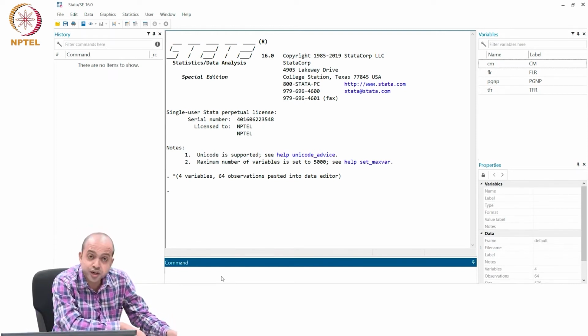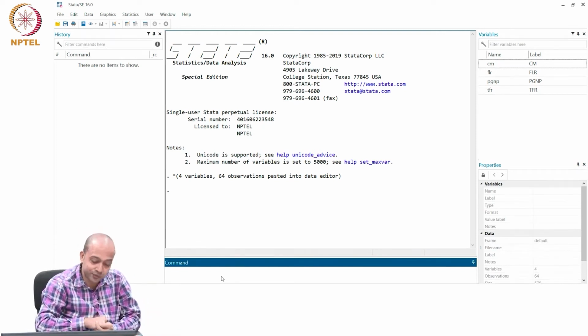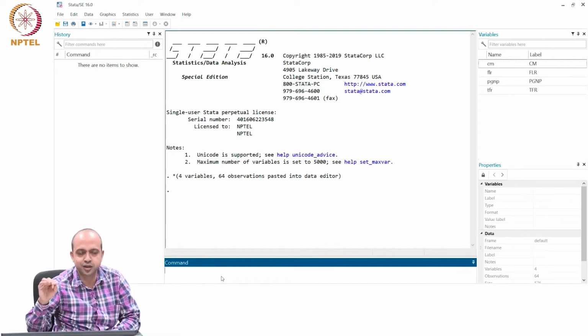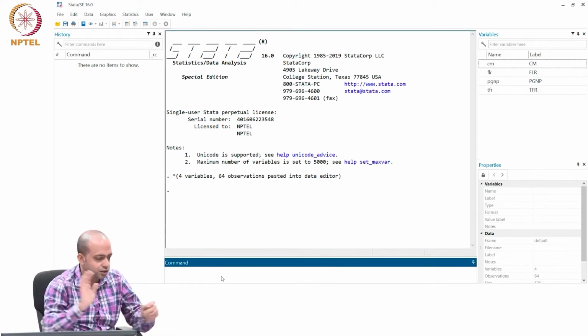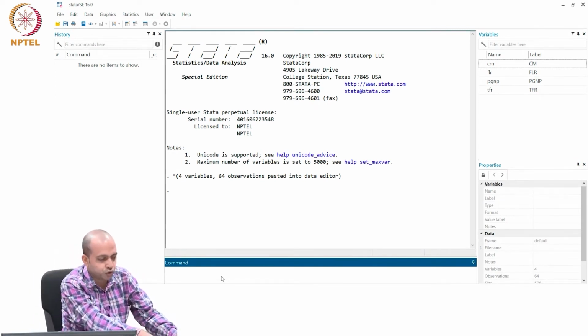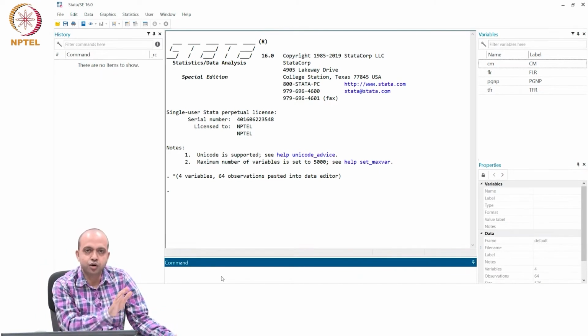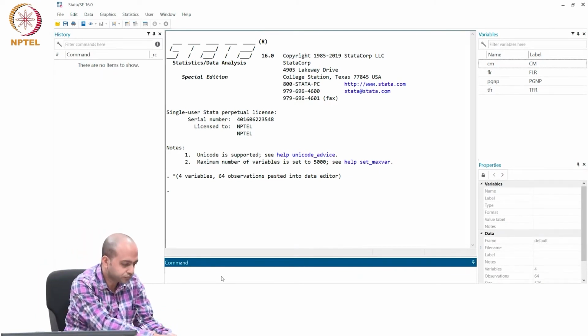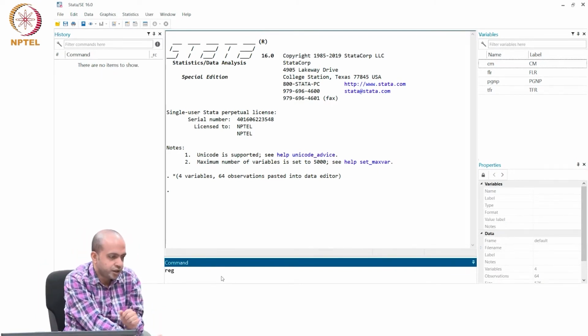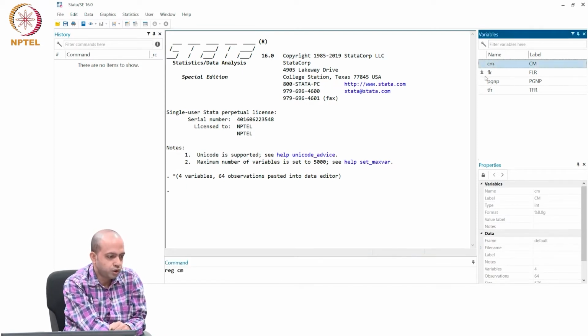Since we are interested in the net impact of FLR, we are eliminating the impact of PGNP. So first, we are removing the impact of PGNP on CM. How to do that? We will run the regression: reg CM on PGNP.